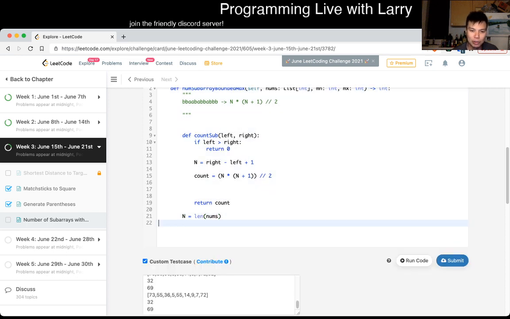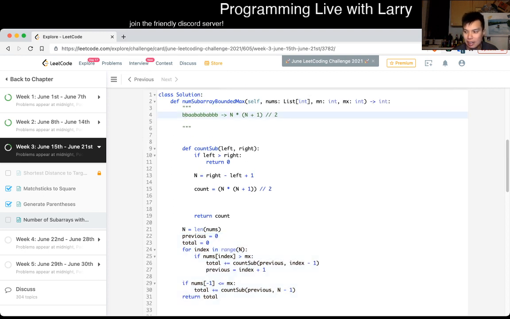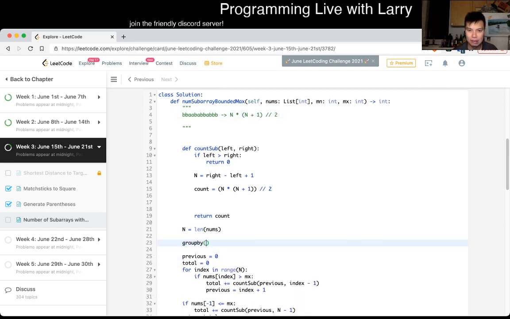What is group by? Basically, group by is a thing in Python that allows you to split an array into things that you can group by, and then you use that in a way. I forget the syntax actually, so it's in itertools, I think.